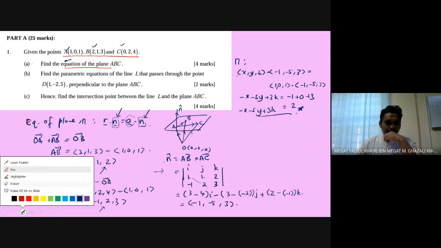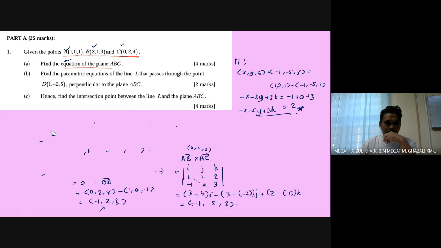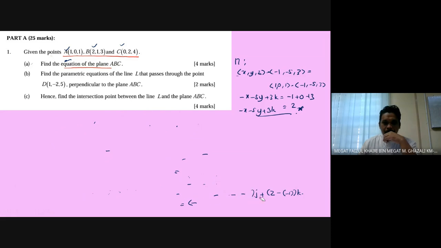Okay, find the parametric equation of line that passing through the point of D and perpendicular to the plane of A, B, and C. Perpendicular means that, class, if this is the surface of the plane, so parametric equation of line L passing through the point of D and perpendicular to the plane of ABC.